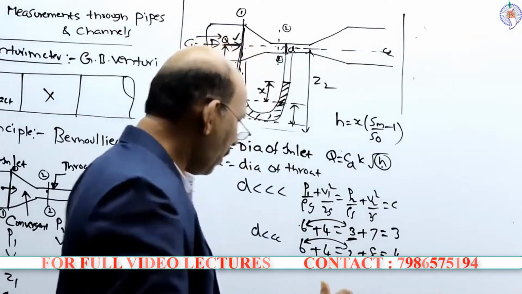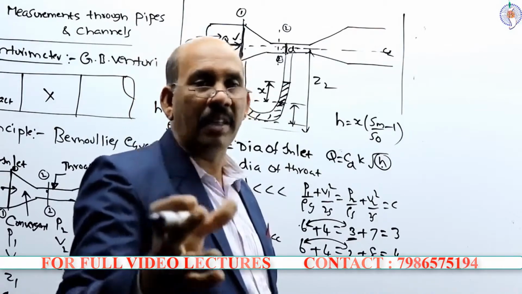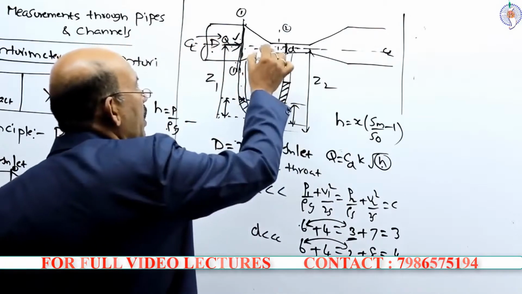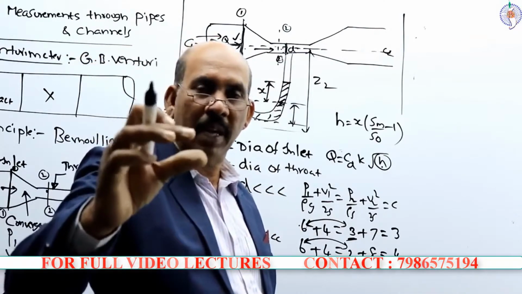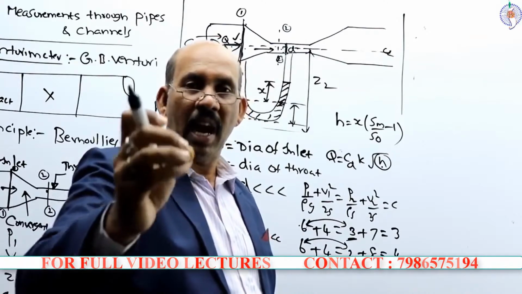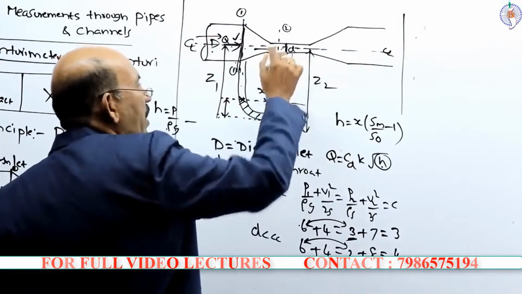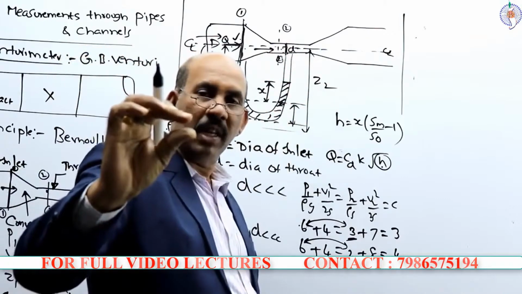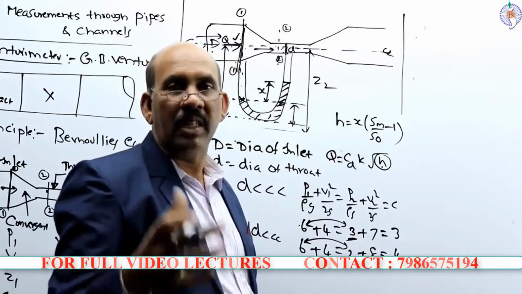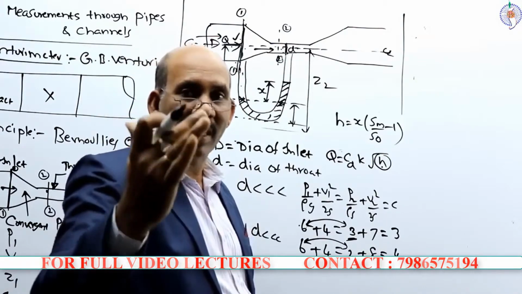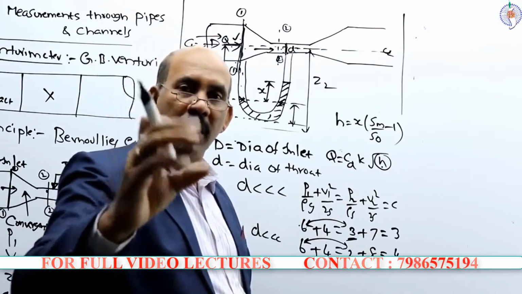But if the pressure falls below the vapor pressure at this point, the flow is not possible, because below the vapor pressure the liquid boils. Due to the very small diameter, the suction pressure will be there, and this suction pressure forms bubbles in the liquid.